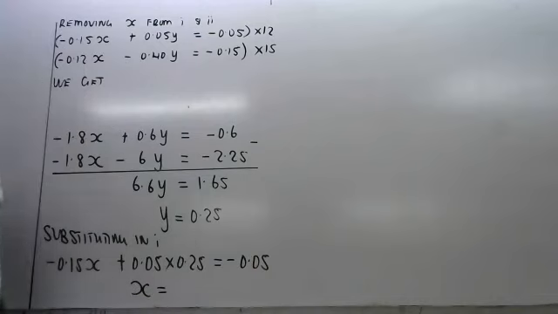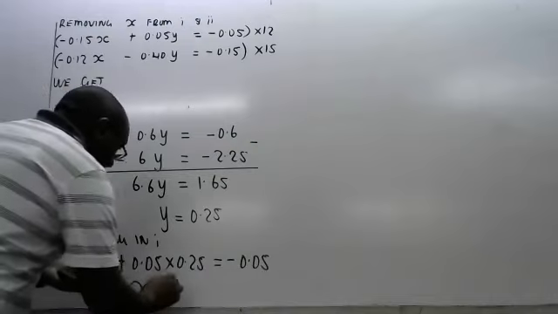So I should be able to establish x: 0.05 times 0.25 plus 0.05, divided by 0.15.